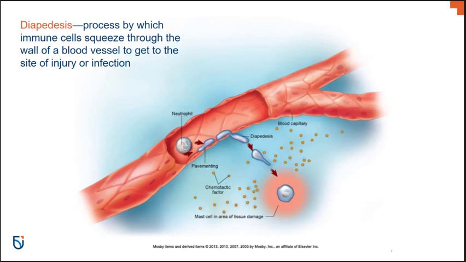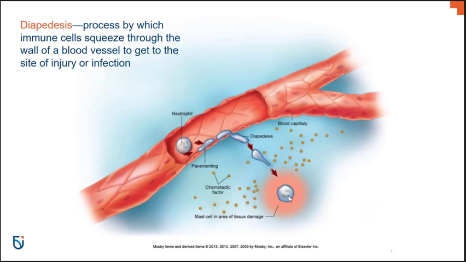Let's have a look for a moment at both chemotaxis and something called diapedesis. In this example here, we have an injury. So this is the site of injury where inflammation is occurring. A neutrophil, represented here, is attracted to the area by chemotactic agents released by mast cells that are found in damaged or infected tissue.